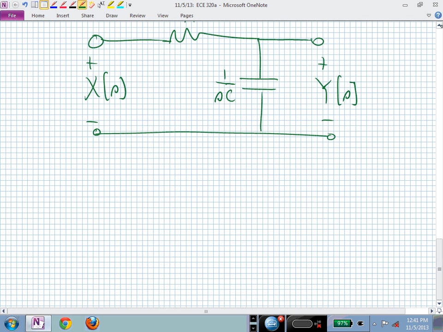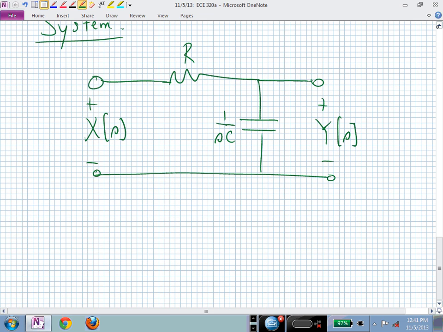This is really, though, just a particular instance of a more general problem. I could have said something like the following. Suppose that you now have some interconnection of passive elements that have an impedance Z sub 1.